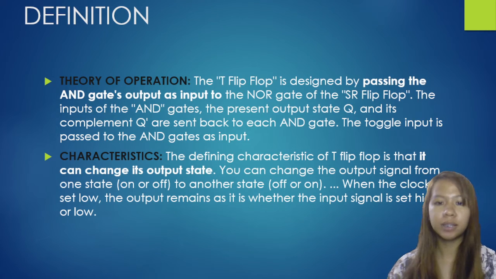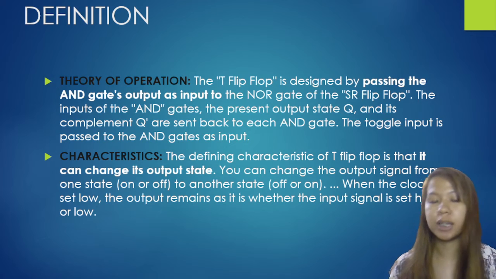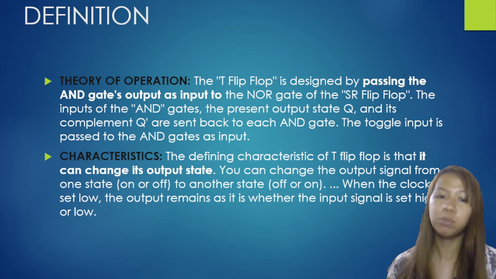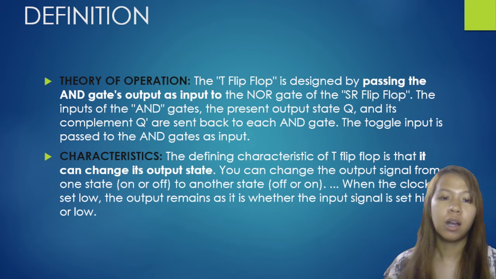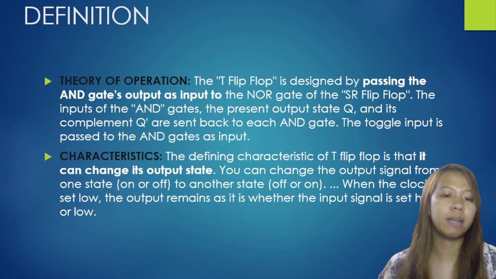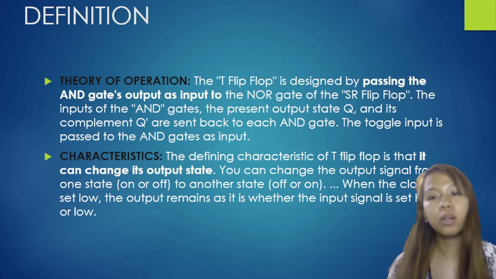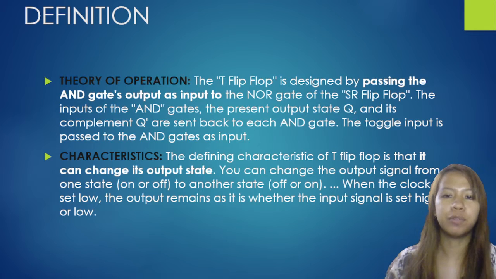The characteristic of the T flip-flop is that it can change its output state, from one state, on or off, to another state, on or off. When the clock is set low, the output remains the same whether the input signal is set high. We are going to do the simulation to know more about the T flip-flop.